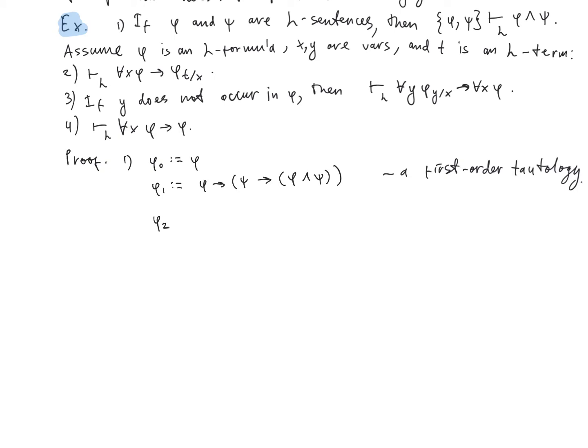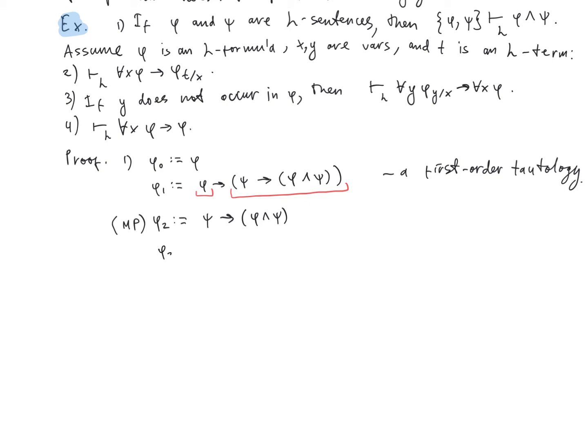Now, applying the modus ponens rule, we deduce the formula phi 2, which we take to be psi implies phi and psi. So here we are applying the modus ponens rule to phi 0 and phi 1, where the first one is phi, and the second one is this whole implication formula.